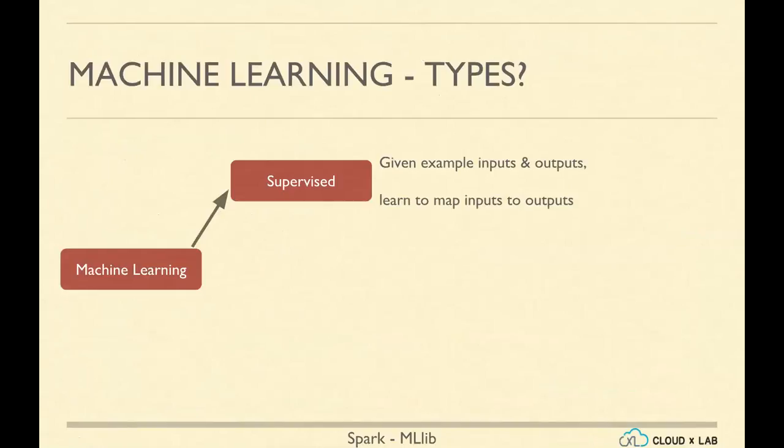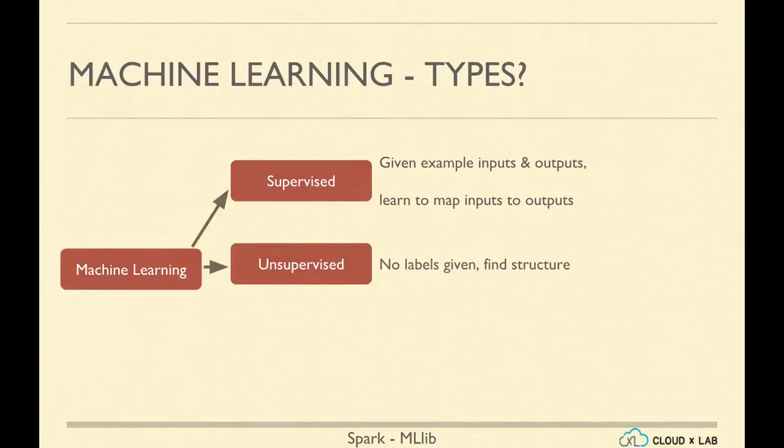Now, there are many types of machine learning: supervised, unsupervised. In supervised learning, the one that we showed just now, we had example input and example output, and we learned to map inputs to output. In unsupervised learning, we don't have any training data as such. We have the whole data, but we don't have labeled data.